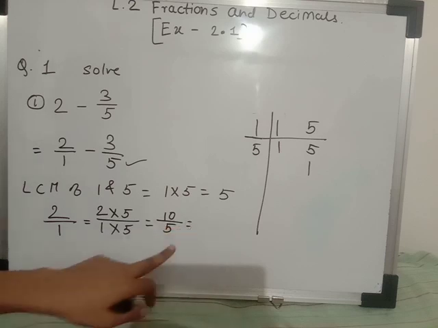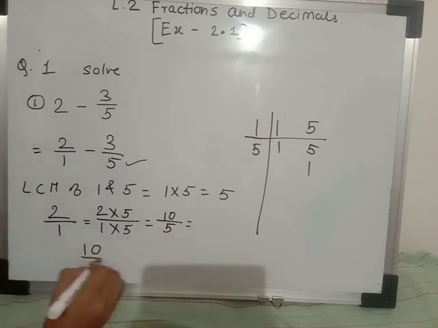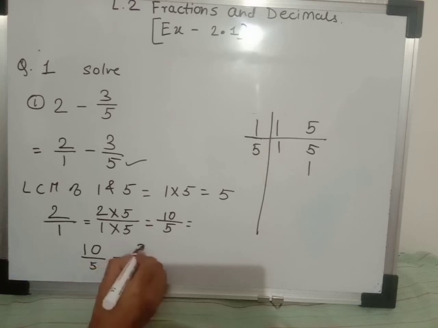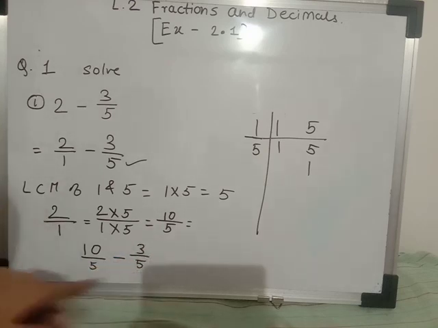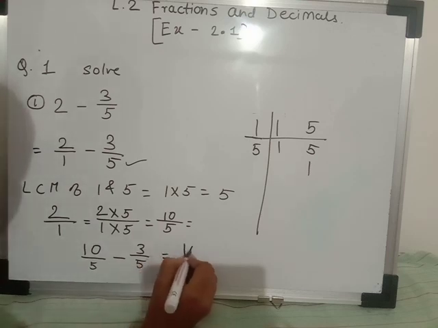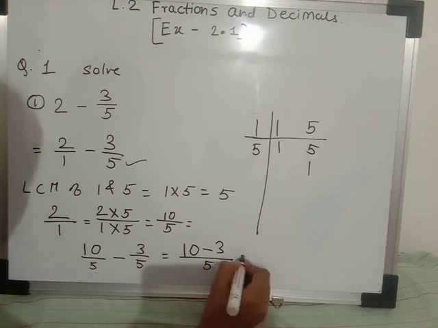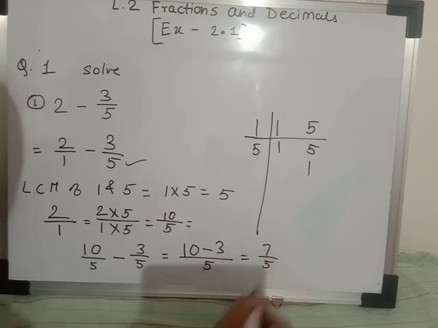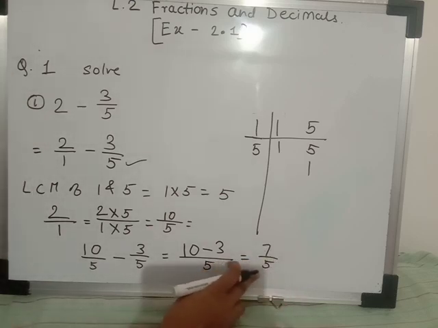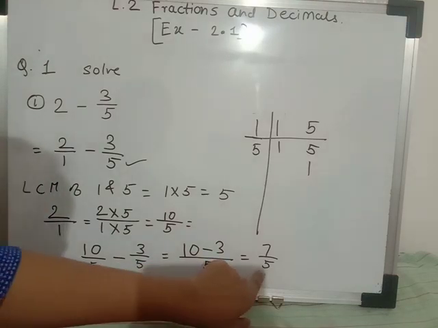So we get this fraction, 10 upon 5 minus 3 upon 5. Now see, both denominators are the same, so we can do the subtraction. 10 minus 3 upon 5 is equal to 7 upon 5. So students, here we get the answer, that is 7 by 5.